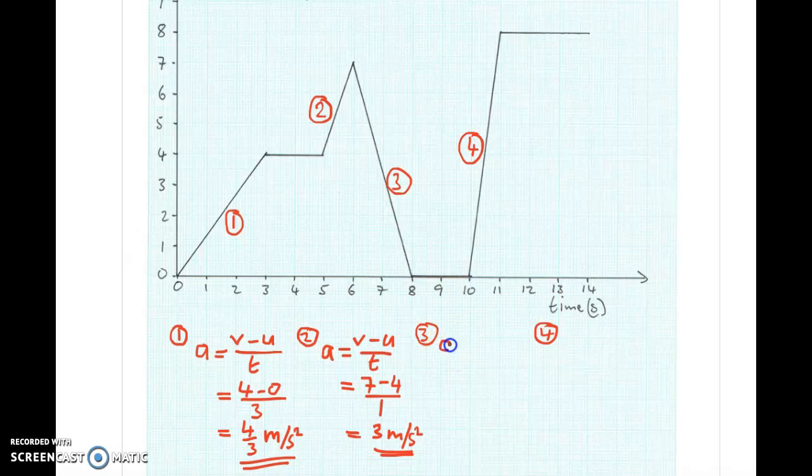Again, A equals V minus U over T. Now be careful with this one because it's actually a deceleration. The acceleration is coming down. So we have final velocity, V, is going to be 0, minus the initial velocity, which is 7.